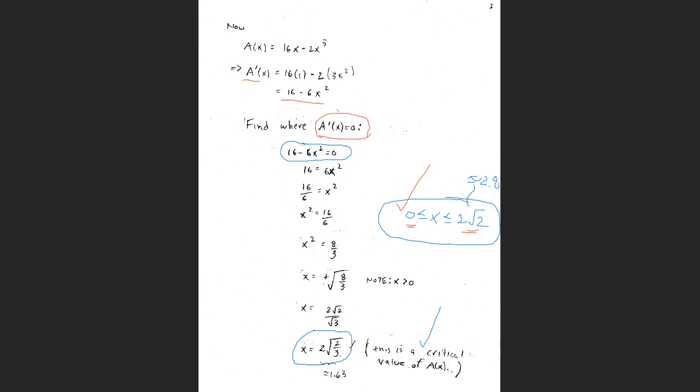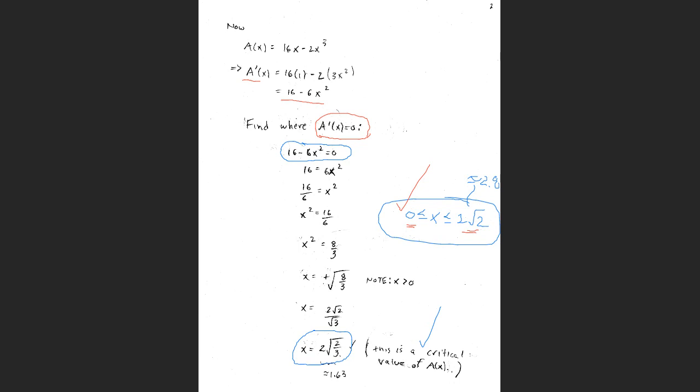We're trying to find the absolute maximum area. So could it be possible that the area would be maximized at one of the endpoints in our closed interval? Or is the area maximized at x equals 2 times the square root of 2/3?